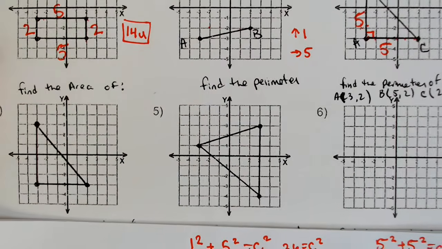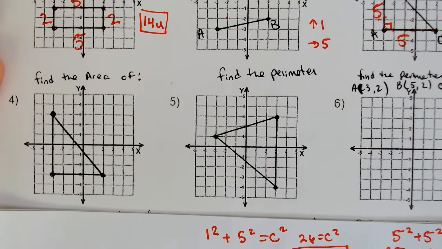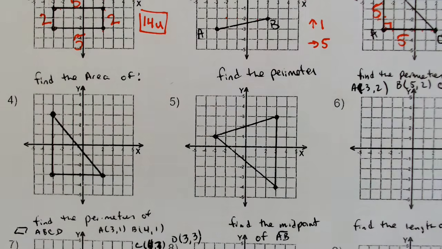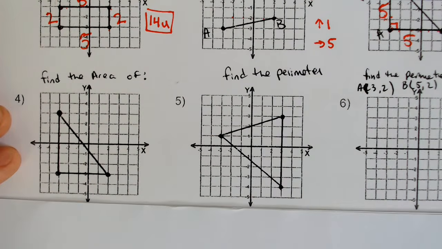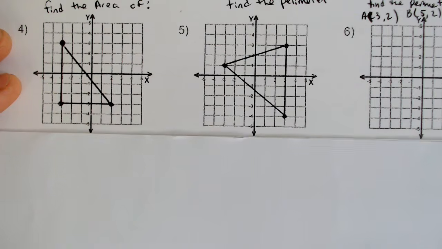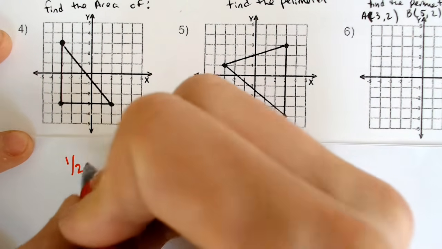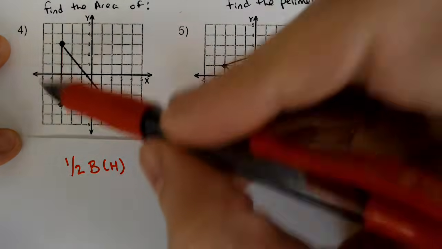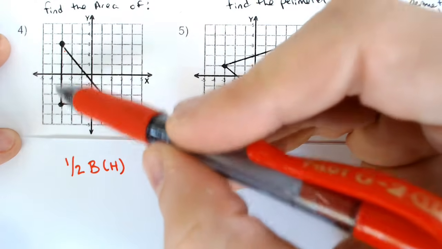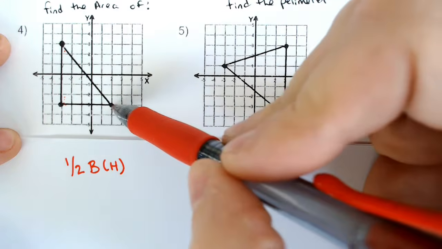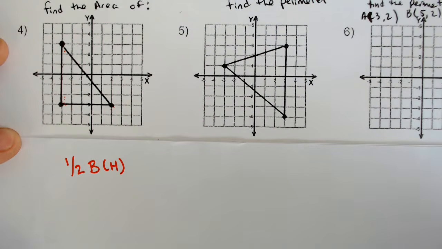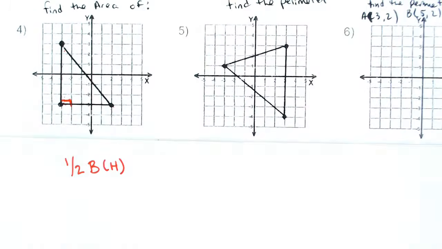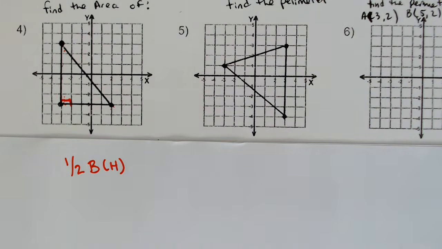Moving right along, problems may also require that we find the area. And in order to do that, we are going to need to know, what is the area formula for a triangle? Well, the area formula for a triangle is 1/2 the base times the height. And the height is this part up and down, and the base is the bottom of the triangle. And hopefully it will be a right triangle, because if it is not a right triangle, one of those two things may be difficult to figure out.